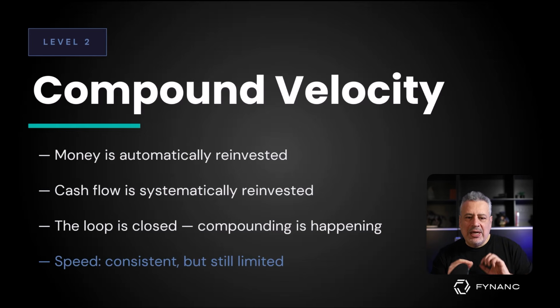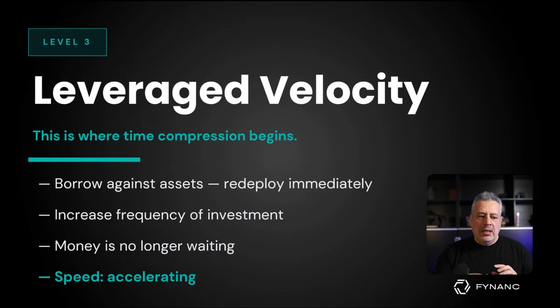Now in level 3, we're going to take it a step further. This is called leveraged velocity. This is where things get really interesting. This is where time compression begins. This is where you start going much faster and getting to your goals much faster. You're borrowing against your assets. What does that mean? I invest a certain amount of money, for example. Instead of just reinvesting the cash flow, I'm borrowing against it immediately, and I'm reinvesting that as well.